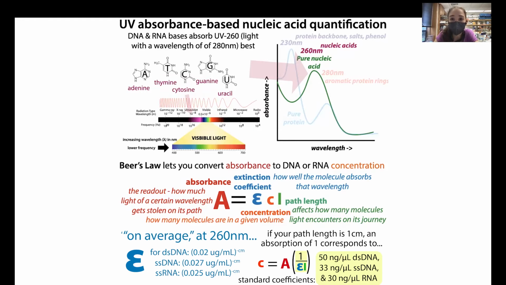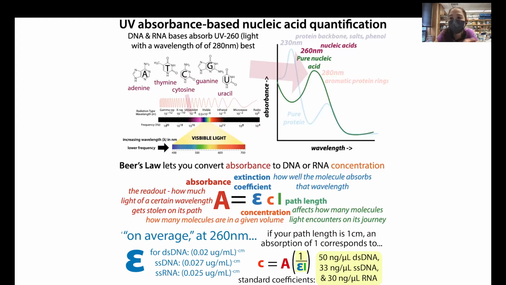And so now we have to ask what the extinction coefficient is. It's going to depend on several things, including what type of nucleic acid, so we have different ones for double-stranded, single-stranded, DNA or RNA, as I'll get into in a second. But it's also going to depend on the composition, so there'll be different ones depending on the sequence, but they're all pretty similar.